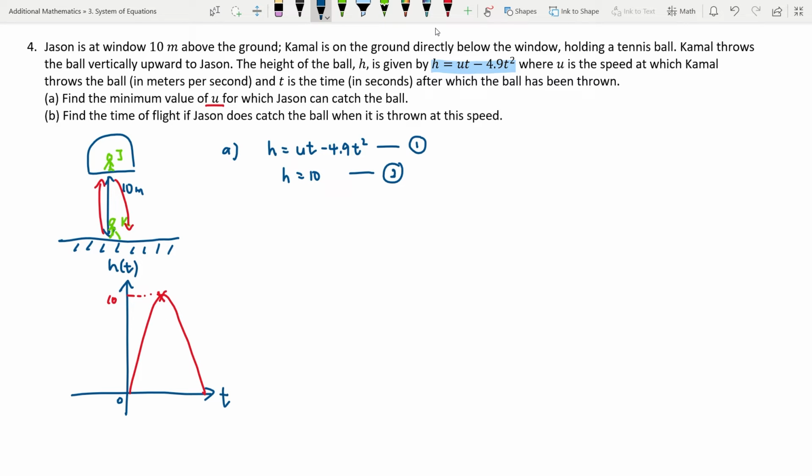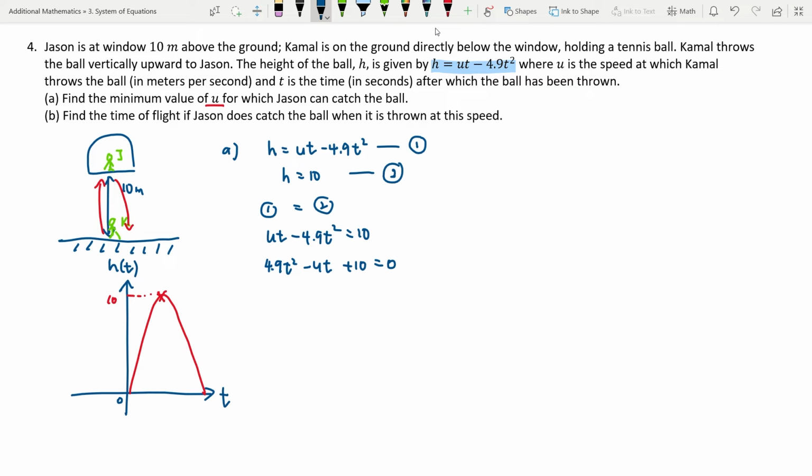Since both equations have the same subject, equation 1 is equal to equation 2. ut - 4.9t² = 10. We rearrange the equation into general form. In order to obtain a positive t squared, I will bring all the terms to the right side. 4.9t² - ut + 10 = 0.